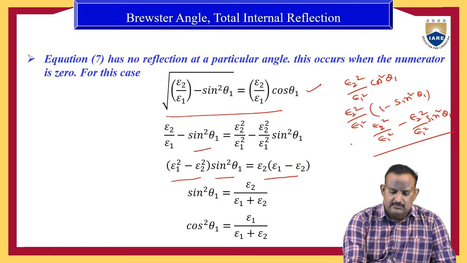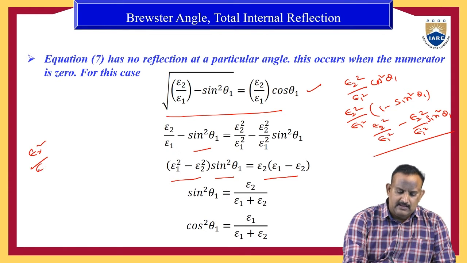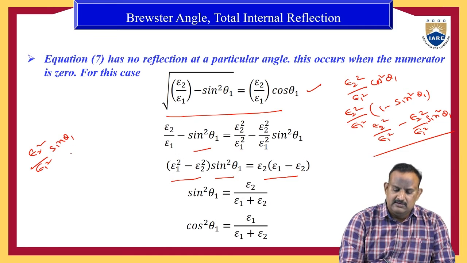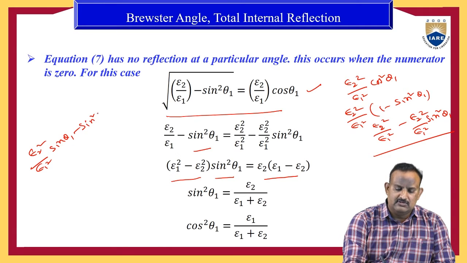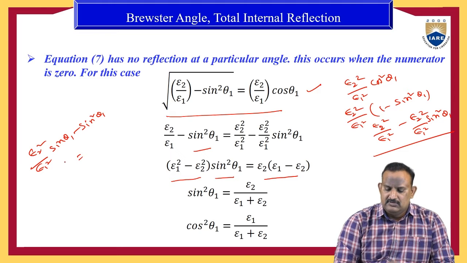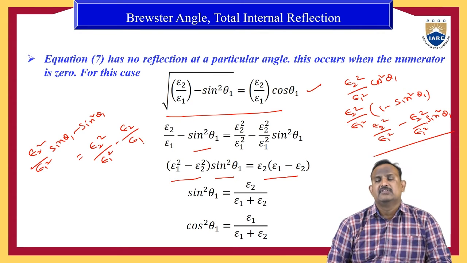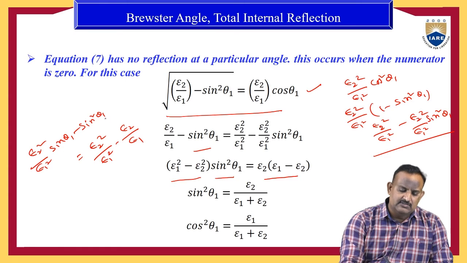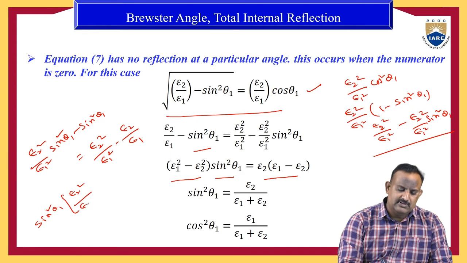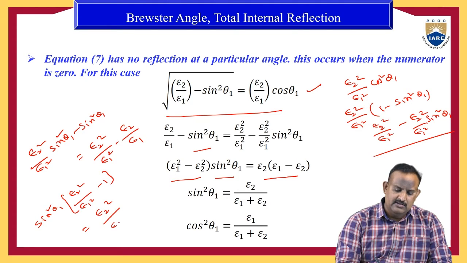Therefore, epsilon 2 square by epsilon 1 square sine square theta 1 minus sine square theta 1 is equal to epsilon 2 square by epsilon 1 square minus epsilon 2 by epsilon 1. In both these terms sine square theta 1 is common. Therefore it is sine square theta 1 into epsilon 2 square by epsilon 1 square minus 1, which is equal to epsilon 2 square by epsilon 1 square minus epsilon 2 by epsilon 1.